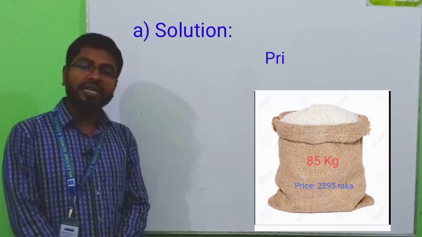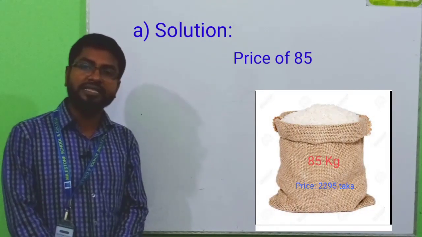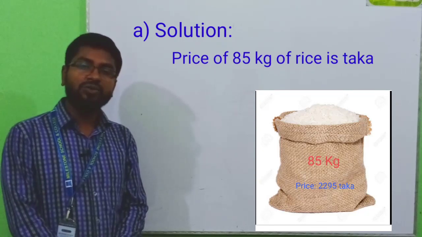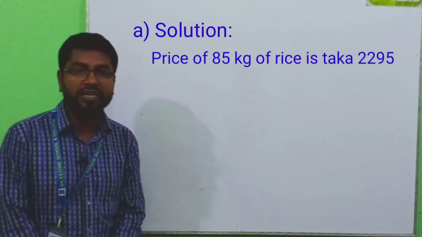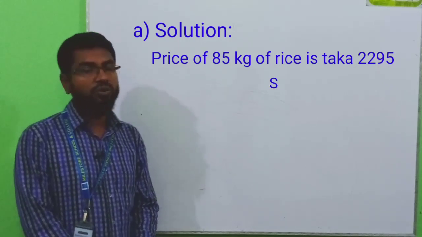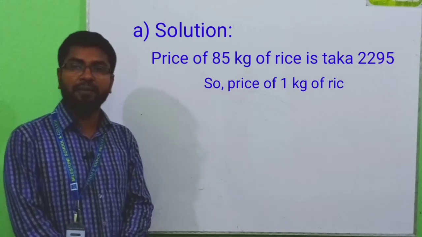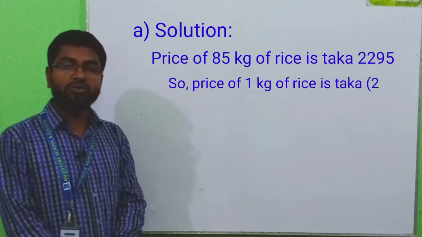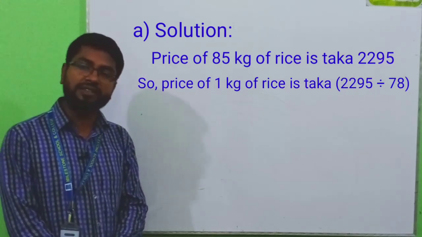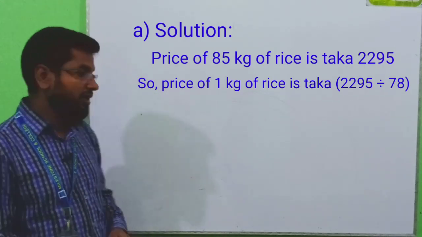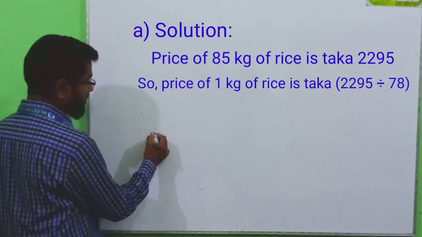Price of 85 kg of rice is taka 2295. So price of 1 kg of rice is taka 2295 divided by 85. So this one will go for raw work, or we will write here.